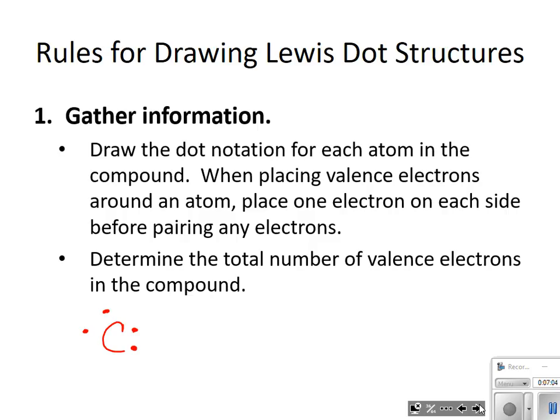We're going to adjust that a little bit, because we're going to place one electron on each side before pairing. So when we draw carbon, we're going to think of carbon like this, with one electron on each side of the atom.